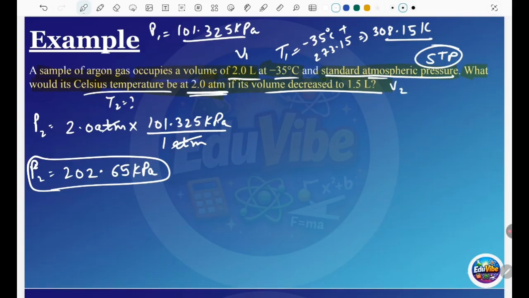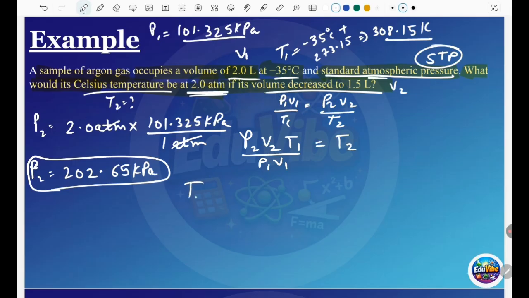Now we just find T2 in Celsius. We have it in Kelvin; at the end, we have to convert this into Celsius. So P1 V1 upon T1 equals P2 V2 upon T2. You have to find T2. So P2 V2 T1 divided by P1 V1 is equal to T2. What is P2? 202.65 kPa.